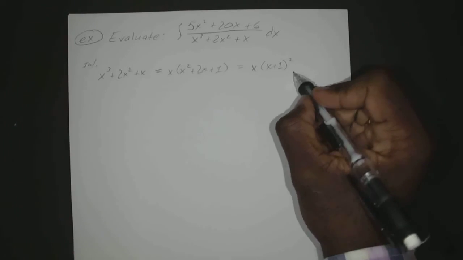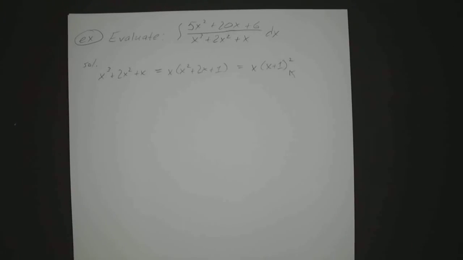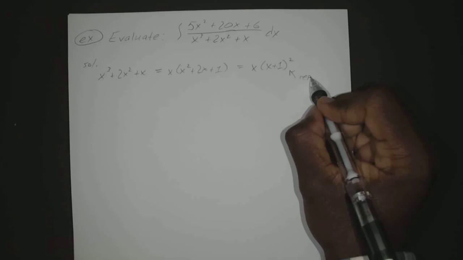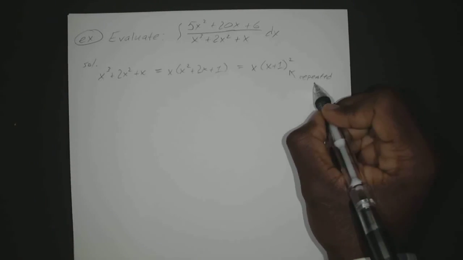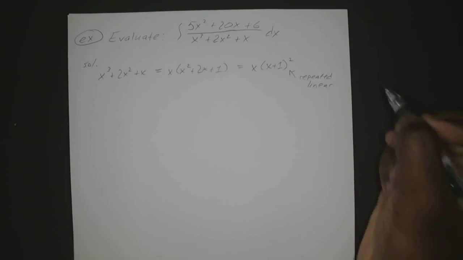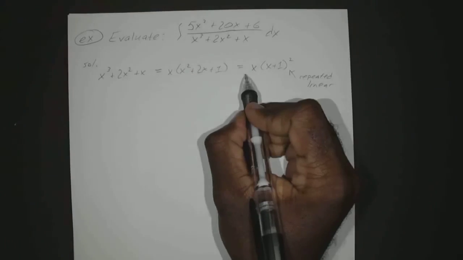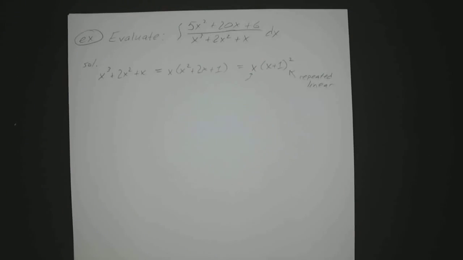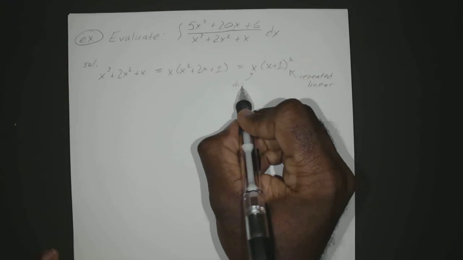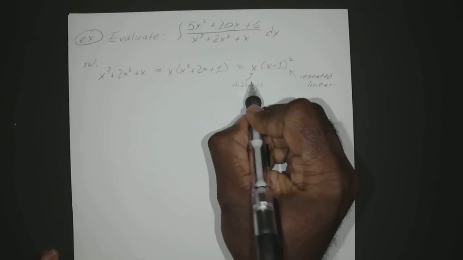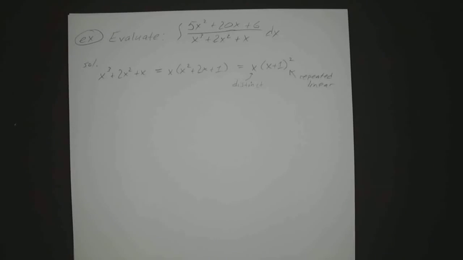So this is your repeated linear factor. And actually this x isn't repeated, but it is linear and it is distinct, which is what we went over last time.